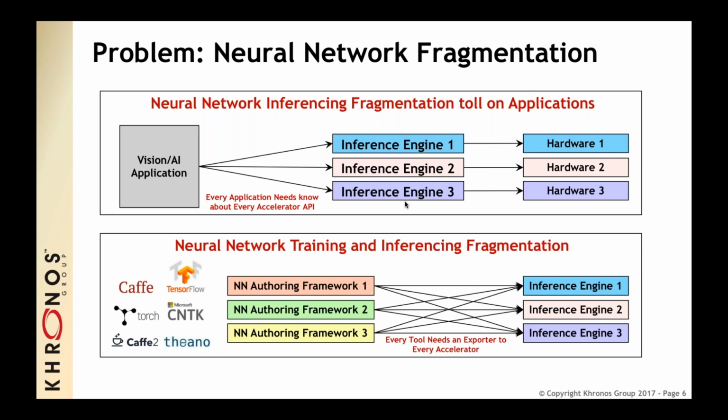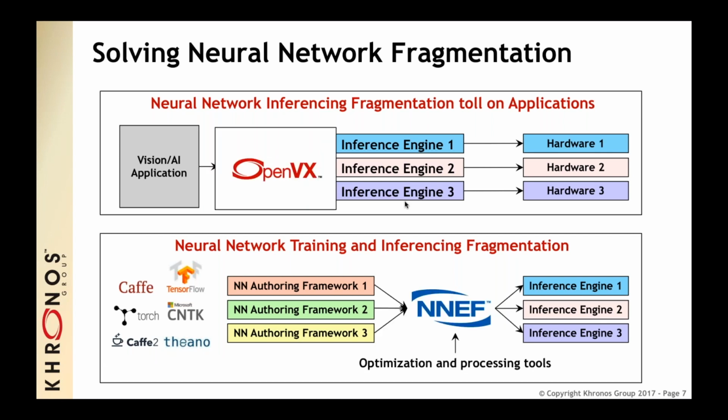That's one problem, which is a toll on application developers. Another problem is that now you have a dozen or so deep learning frameworks and multiple different inference engines. How do you transfer the data coming from a training framework to one of these inference engines?